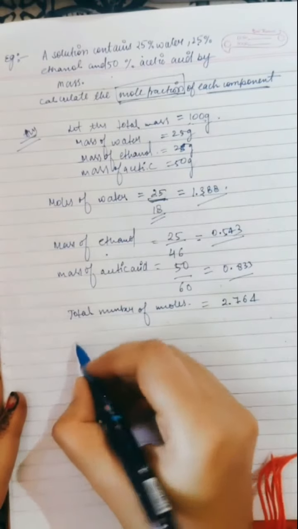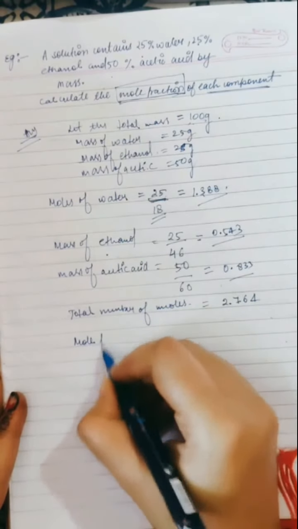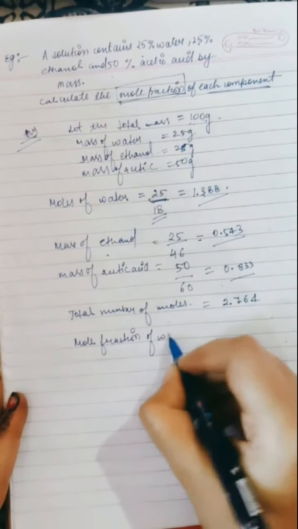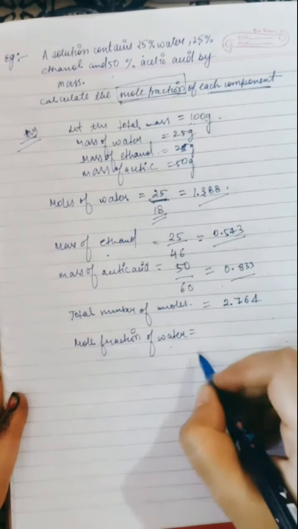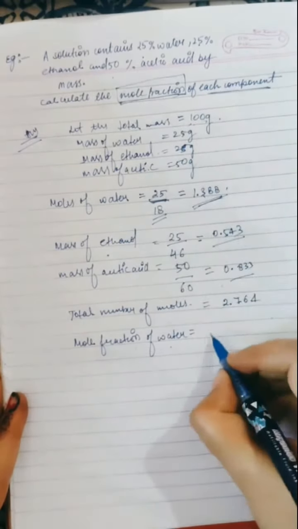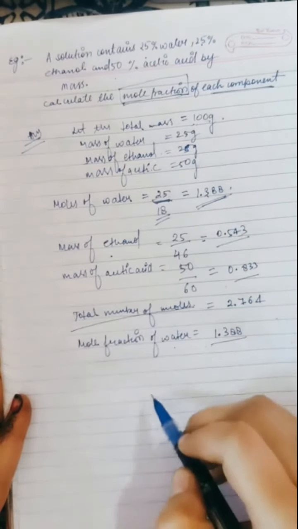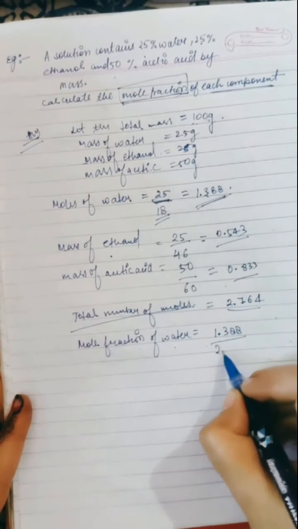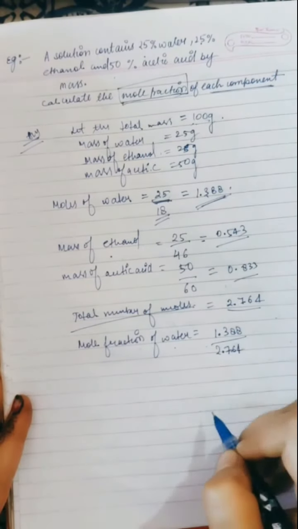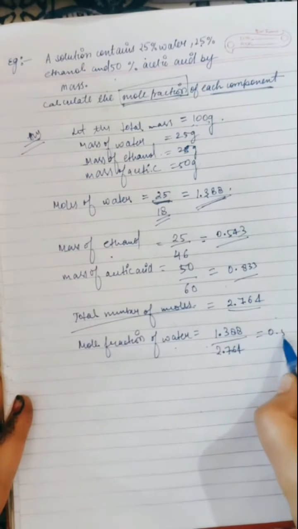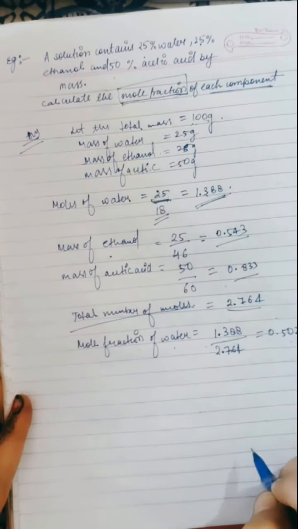So the formula is mole fraction of water equals moles of water, which is 1.388, and the total number of moles is 2.764, equals 0.502.